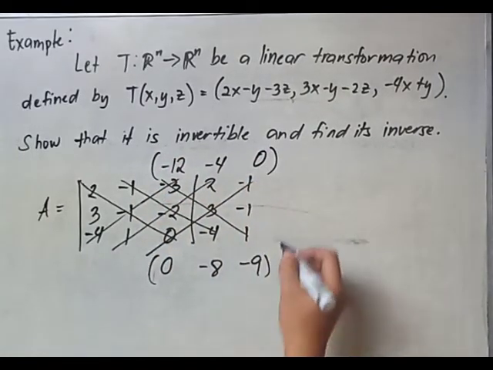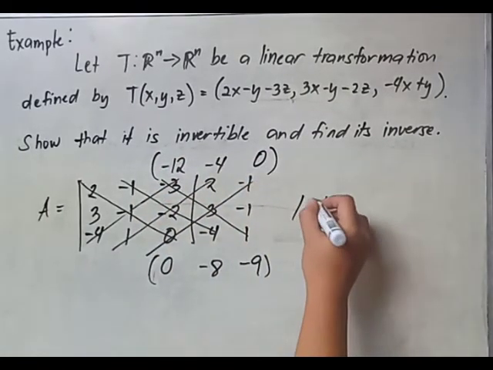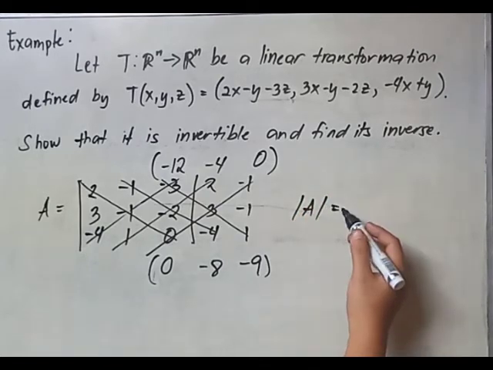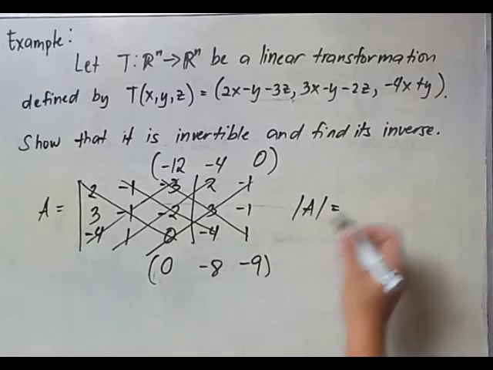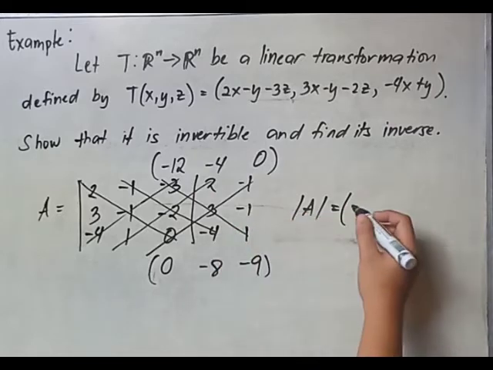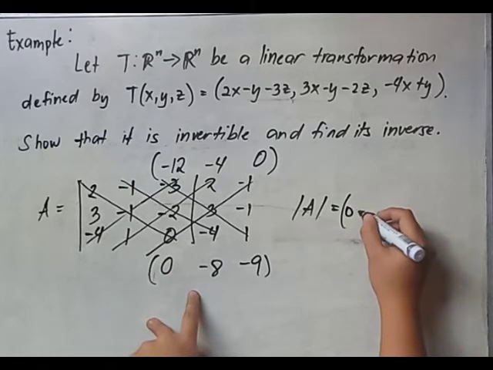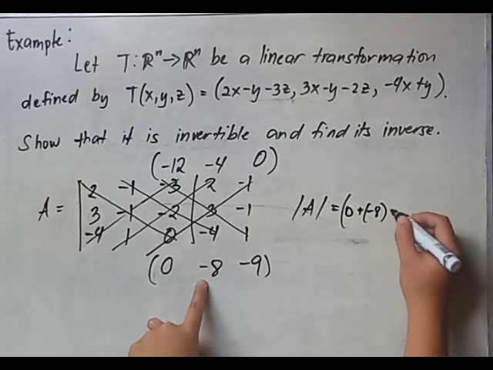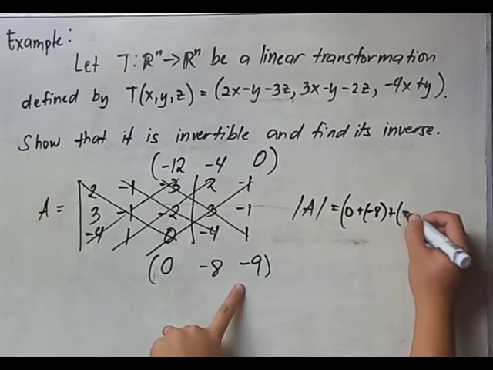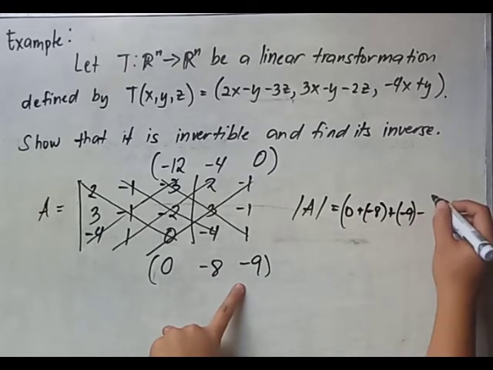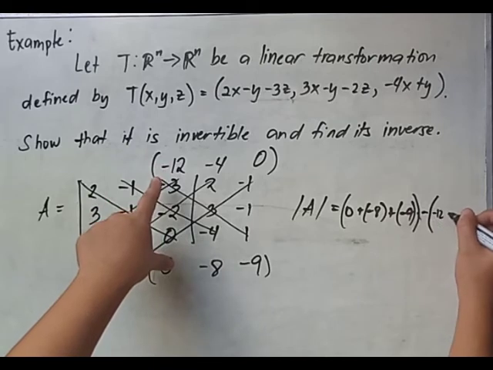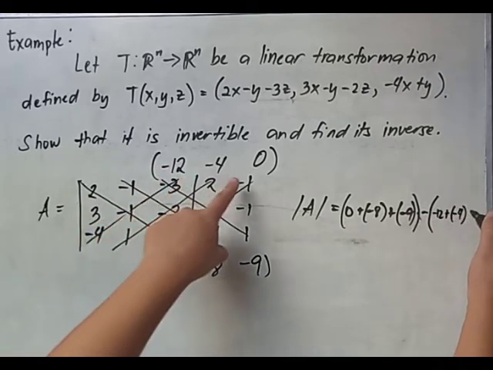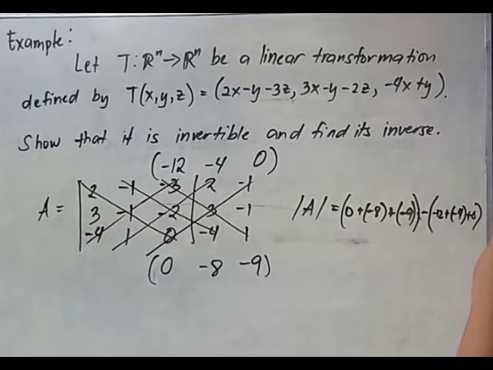Next, in order to find the determinant of our matrix, we will subtract the sum of the products of the opposite diagonals from the sum of the products of the first diagonals. So we have 0 plus negative 8 plus negative 9 minus negative 12 plus negative 4 plus 0.